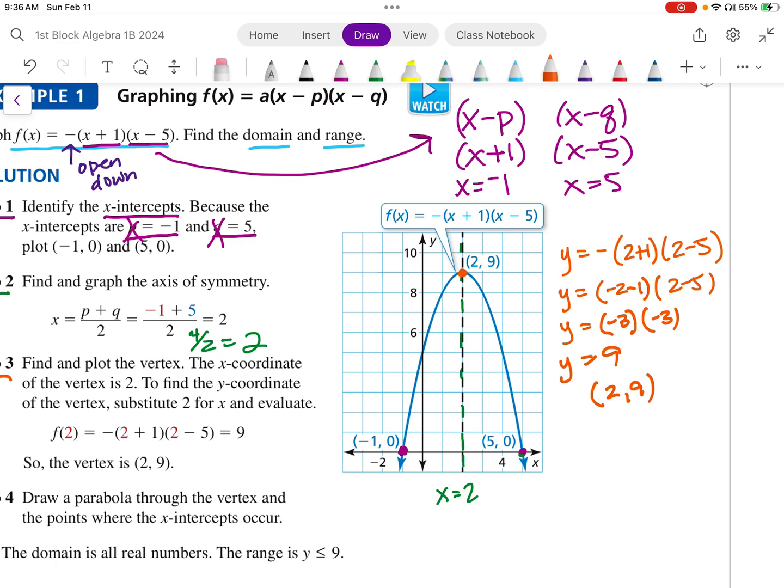Right here, vertex. Once you have your vertex and your 2 intercepts, then you can graph the parabola. You want a nice smooth line that goes through all 3 points.